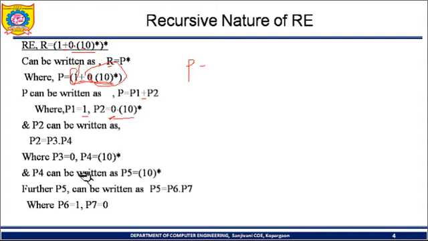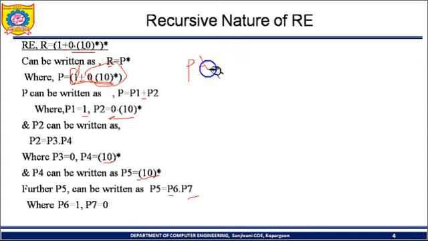Now again we can divide p4 into number of regular expressions, because there is a concatenation operator between 1 and 0 star. So p4 can be written as p5 star, and p5 can be written as p6 dot p7, where p6 is nothing but 1 and p7 is nothing but 0.